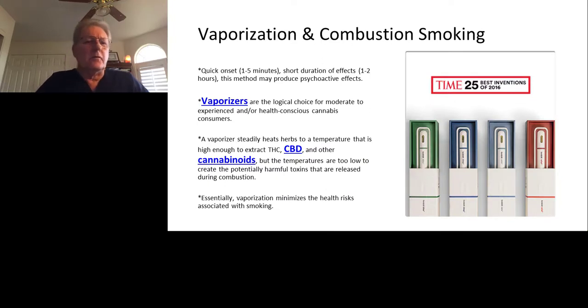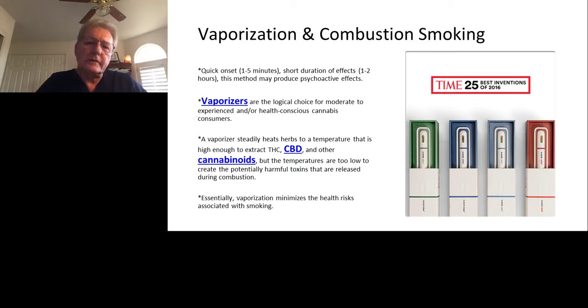Vaporization, or the combustion of plant material, is still the most frequently used form of administration of cannabis today. Generally, we look at a quick onset within 1 to 5 minutes and a short duration, generally 1 to 2 hours. Again, it depends on the device.